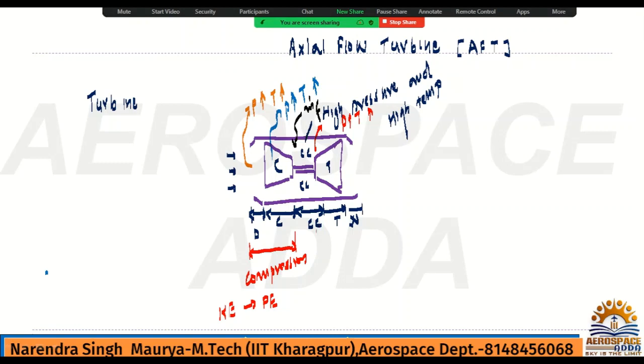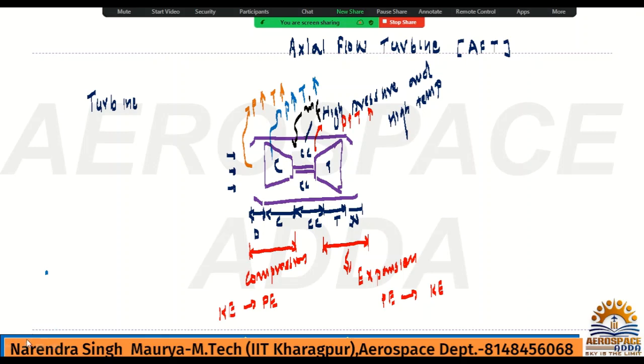So compression occurs in the diffuser as well as the compressor, but coming to the turbine and this nozzle, both places will have expansion. In expansion what will happen, very high pressure and high temperature, basically high pressure energy will be converted into kinetic energy, okay.